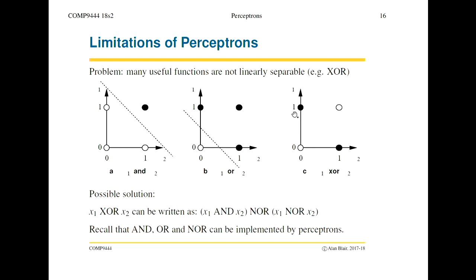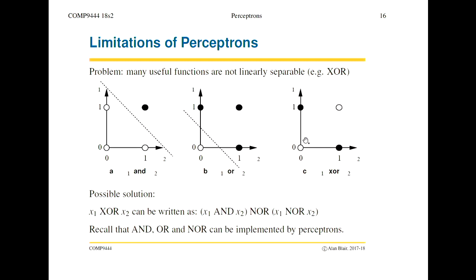Now, how could we actually learn a function like this? Well, one way is to break this down into simpler functions. I don't know how much logic you know, but this dot here is x1 and x2, and this dot here is not x1 or x2, which we sometimes call the NOR function.